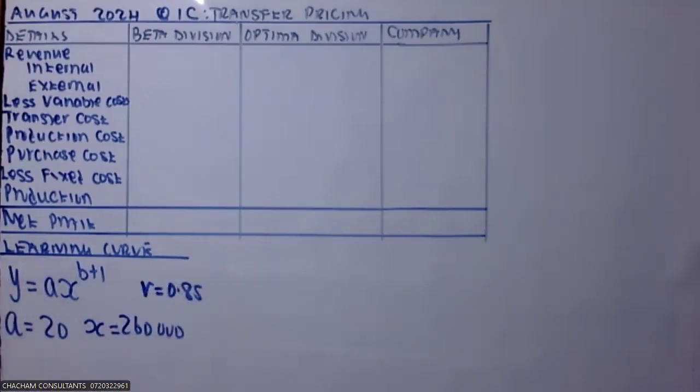R is 85%. So B, which the examiner wants, the coefficient, is given as the logarithm of R. So the logarithm of 0.85, you divide by the logarithm of 2. So work that out and give me to 3 decimals.